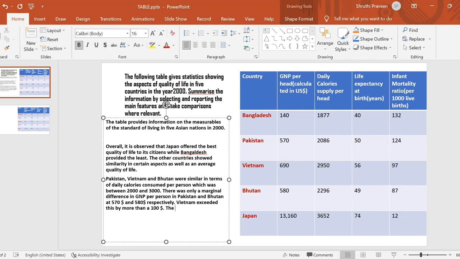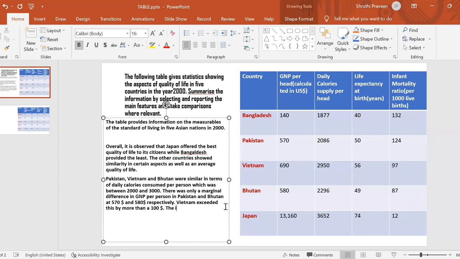Okay. Now, let me take another point. I've covered the daily calories and the GNP. Maybe life expectancy or infant mortality, which is again 124 and 87, 97. Okay, I can write about 124, 97, 87.